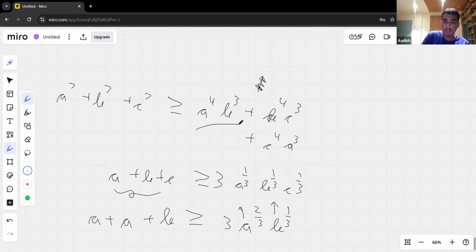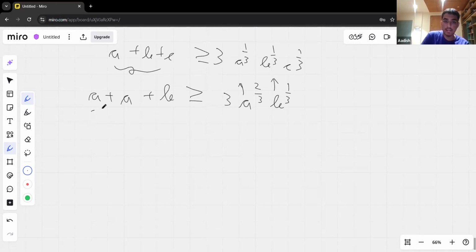So here you want a to the 4 times b cube, right? Think about this idea: how can you get a to the 4 times b cube? People in chat have already said the answer.